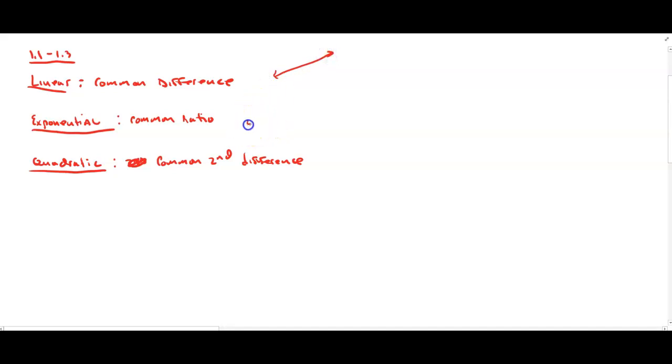If it's exponential growth, it'll look something like this. So that's exponential growth. Decay would look something like this. Now the graph of a quadratic, if I take the function we just did, which is n times n plus 2, or even better, n squared plus 2n.